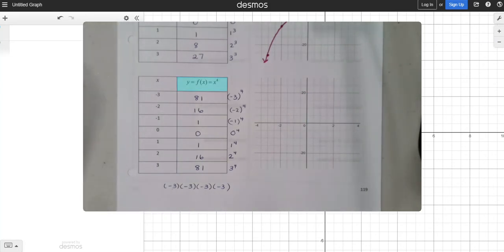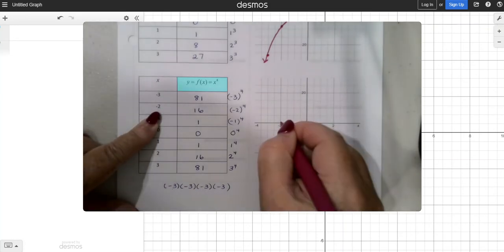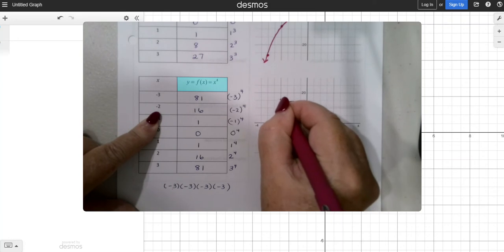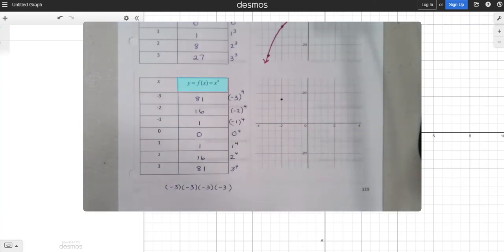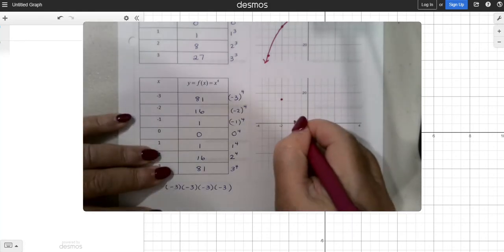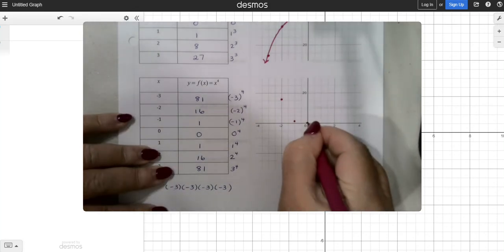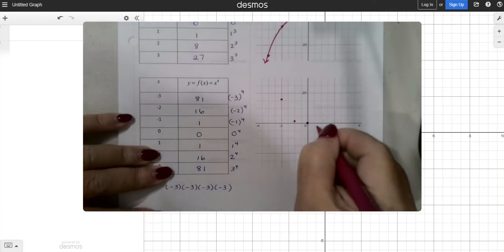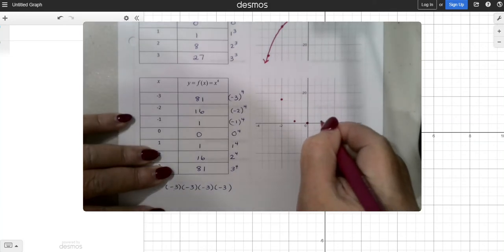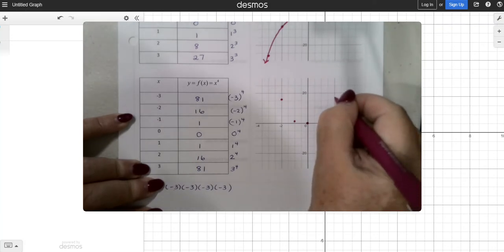So I'm just going to plot this starting with the negative 2, 16, around there. Then I have negative 1, 1, 0, 0, positive 1, 1, and 2, 16.